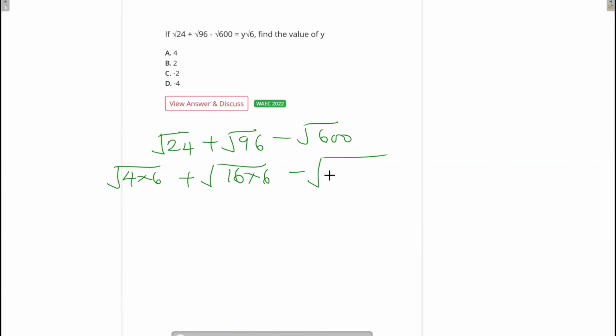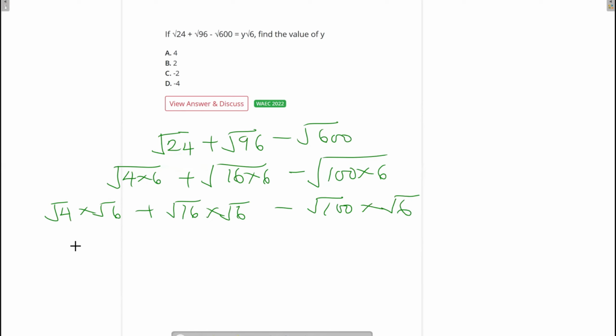And for 600, that's 100 times 6. So this becomes root 4 times root 6 plus root 16 times root 6 minus root 100 times root 6. Root 4 is 2, so this becomes 2 root 6. Root 16 is 4, this becomes 4 root 6. Root 100 is 10, so minus 10 root 6. So 2 plus 4 gives 6 root 6 minus 10 root 6.